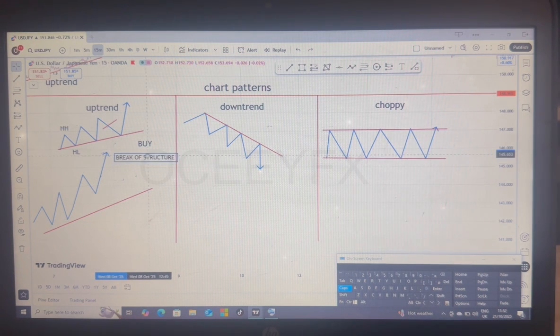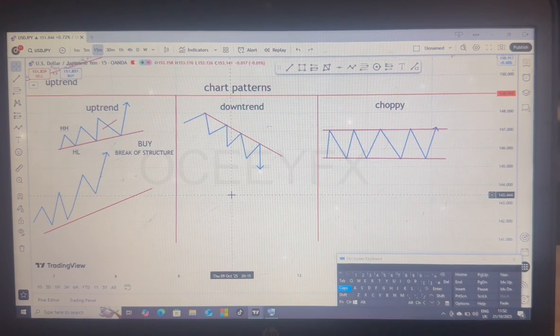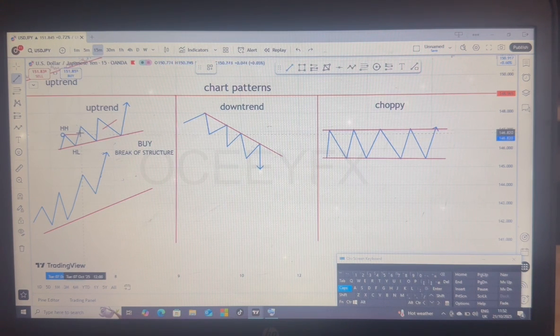So as you can see here, in an uptrend, you must go for a buy. To consider a buy, you must see a break of structure, a break of structure to the upside. Like as you can see here, what do we call a break of structure? I will show you that in the chart, but let me just inscribe it here. This is a break of structure.